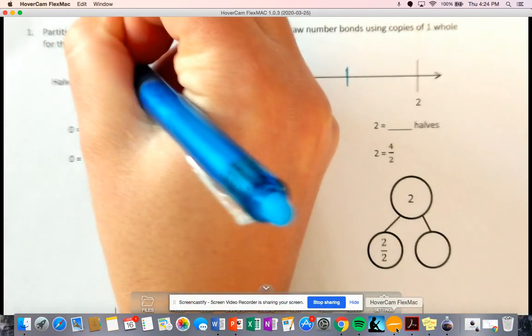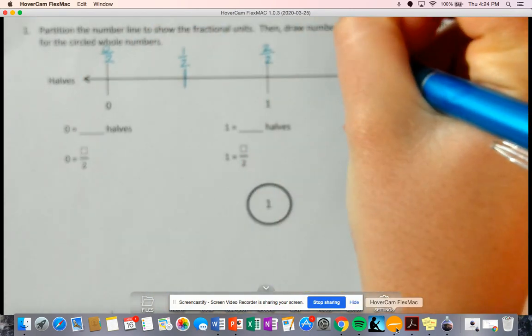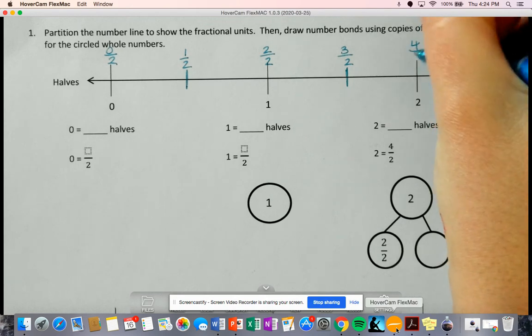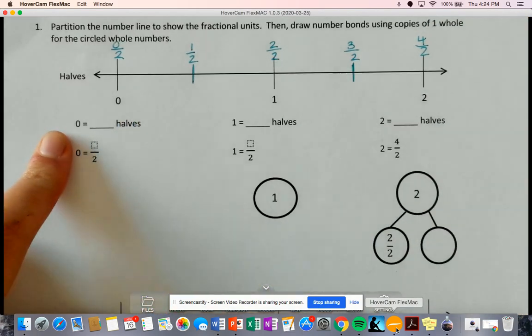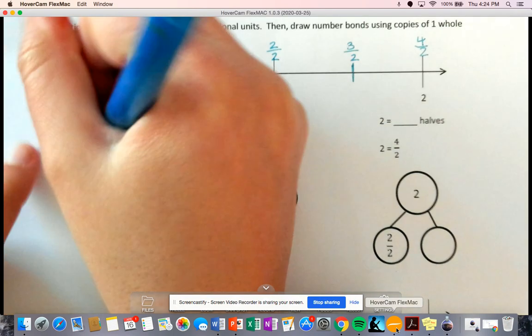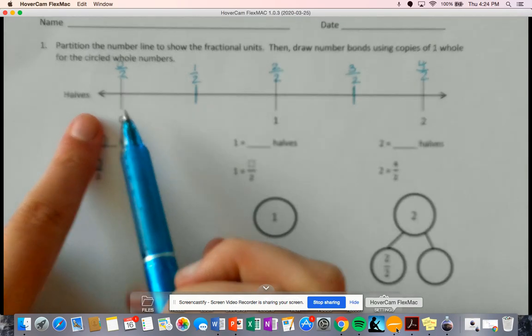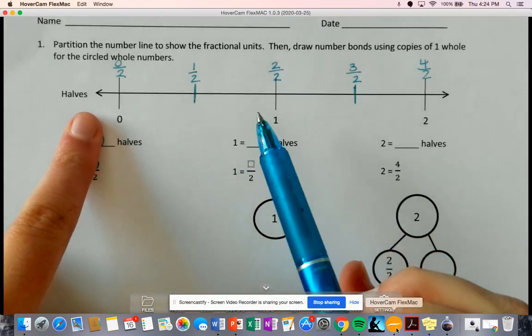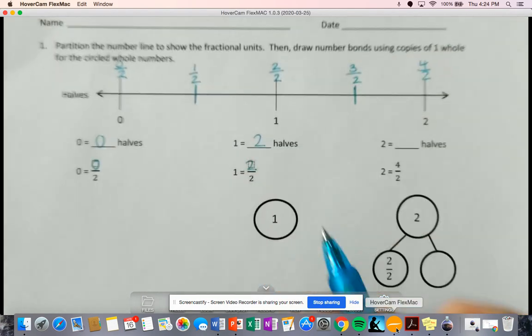So 0 halves, 1 half, 2 halves, 3 halves, 4 halves. So if I'm at 0, I have 0 halves. So I could put a 0 here. If I'm at 1, like I said, there's 2 halves in one whole. So I have 1 equals 2 halves.